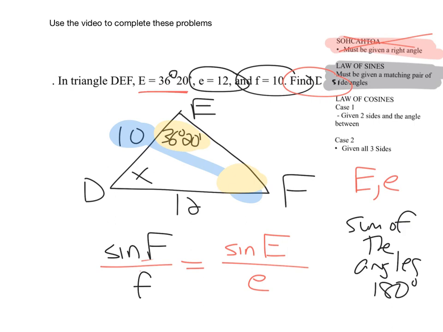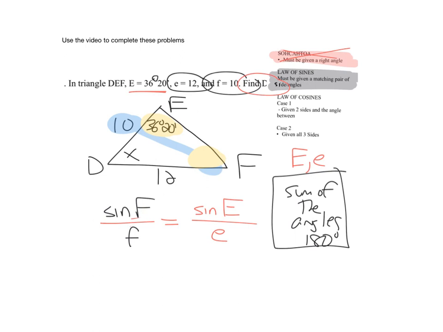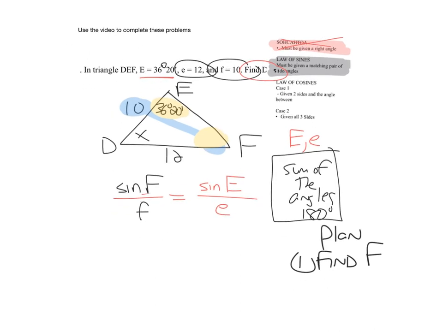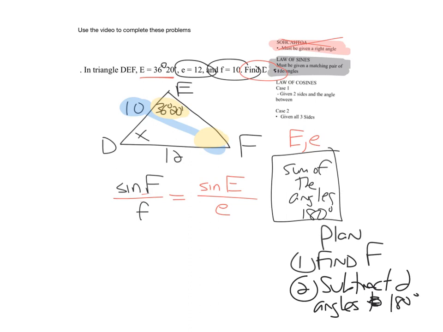So that's what my plan is going to be. My plan is going to be to find angle F, and then I'll subtract the two angles from 180 to get angle D.